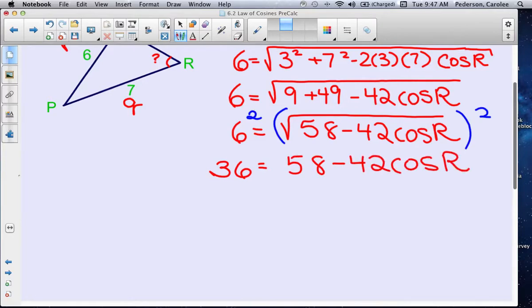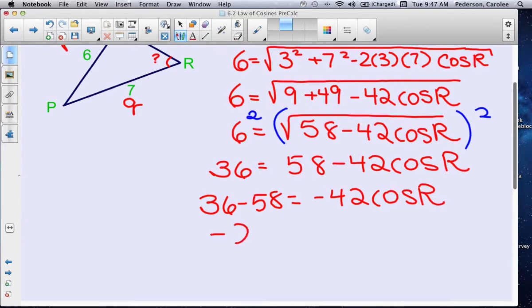Now what? Subtract the 58 from both sides, yes. So 36 minus 58 equals negative 42 cosine of R. So this will make it a negative 22. And then what?